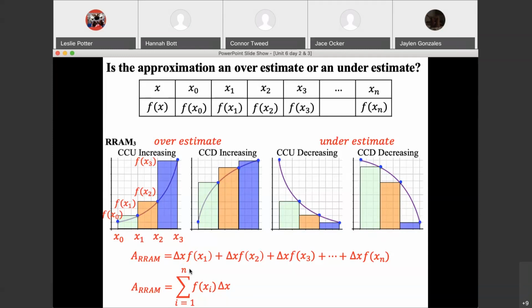And just to preview, the topic questions today are literally just identifying notation. It's not like you're cranking out approximations or anything like that. I'm saving that for the con. So any questions about the RRAM and the notations and the patterns you see?